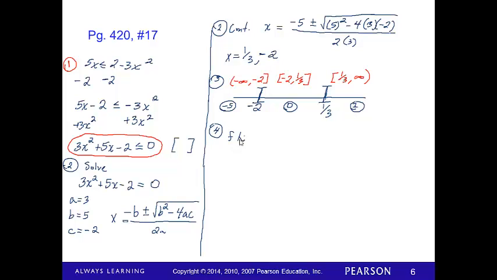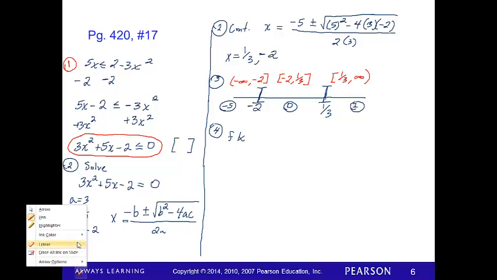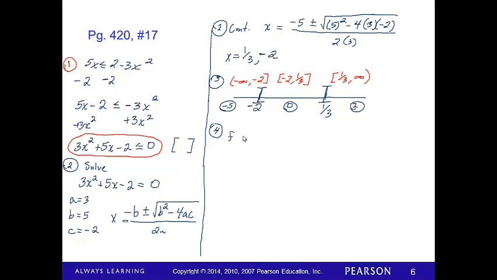So f of x is equal to 3x squared plus 5x minus 2. And one at a time, we're going to plug it into f.